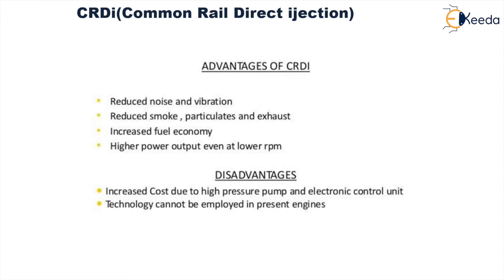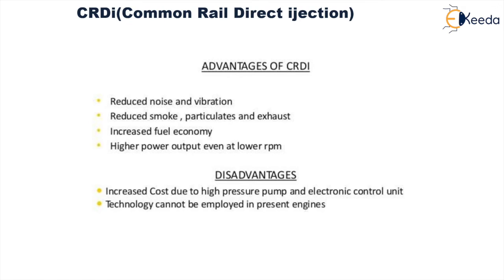Then we have CRDI, which stands for Common Rail Direct Injection System. The words can be rearranged. It can also be called direct injection by common rail. What are the advantages? Noise and vibrations in the engines are reduced because a metered amount of fuel is supplied through a single common rail.